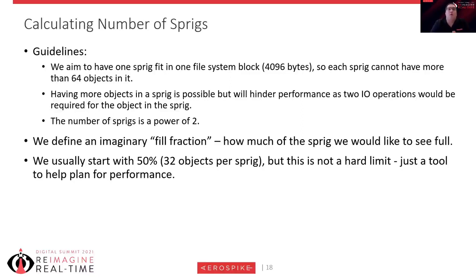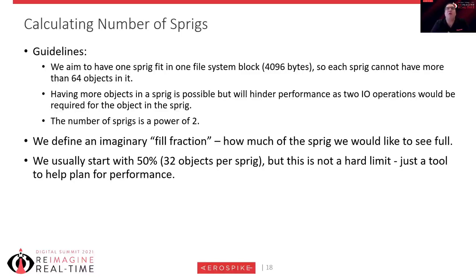In order to avoid that situation where we have more than 64 objects per sprig, we would define a fill fraction, which means how much we want to fill out of the sprig. That's a tool. It's an imaginary number.